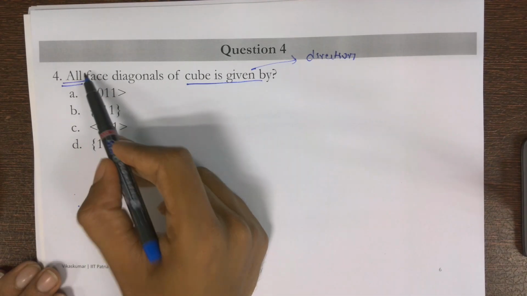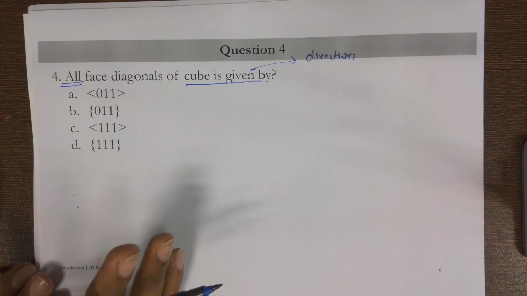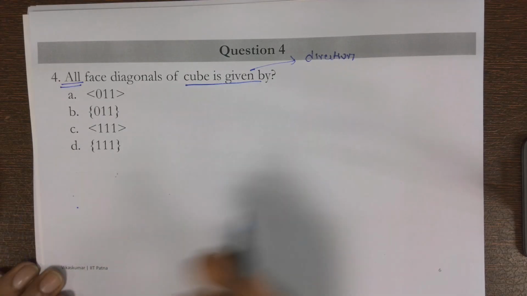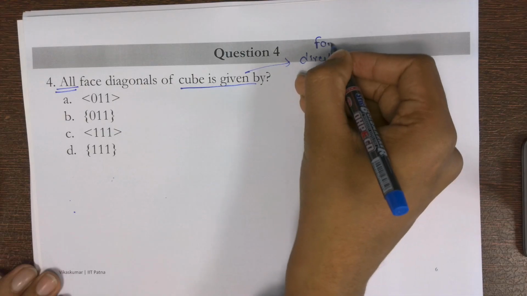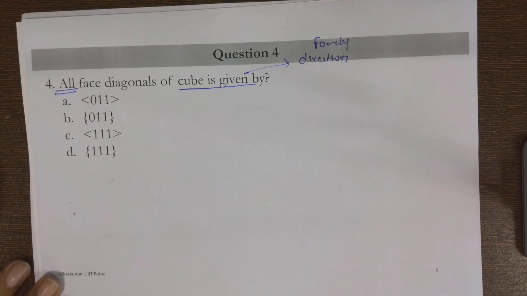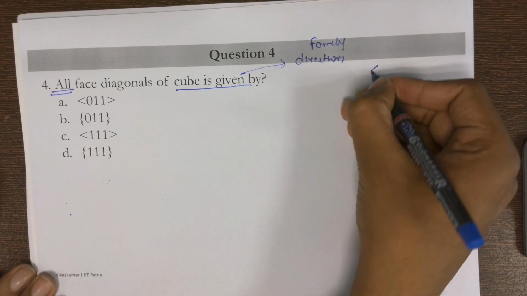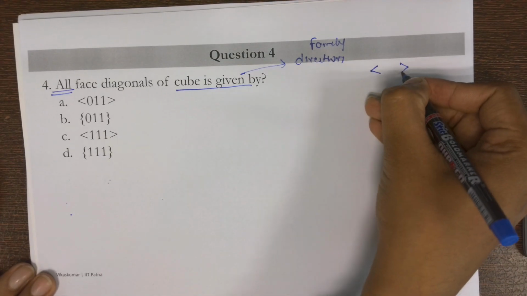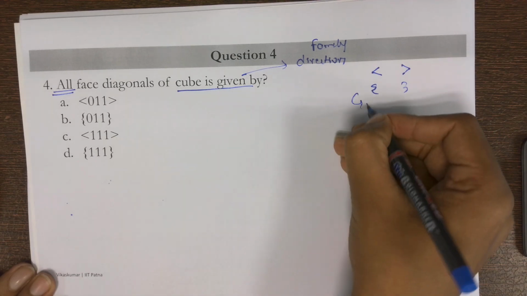So it means that we are not talking about a single one, we are talking about the group. I think I used the word plane by mistake, but it's a family of directions. And how we represent the family of directions is with this. This will be for the family of planes.